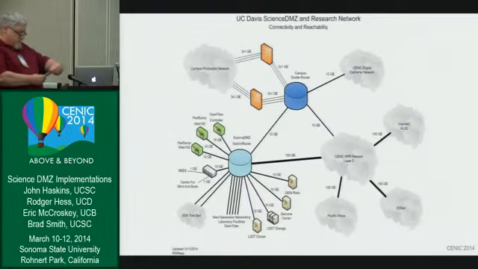Let's see. We do BGP with CENIC on that link, and we also do BGP with the campus border router, and the Science DMZ is behind our public AS, but it's a private AS. Another thing that we're doing that's a little bit innovative, I think, is that we're running classic IP on some of the ports, and we're running OpenFlow on some of the other ports.